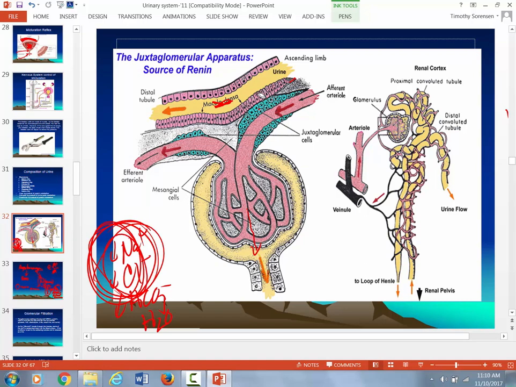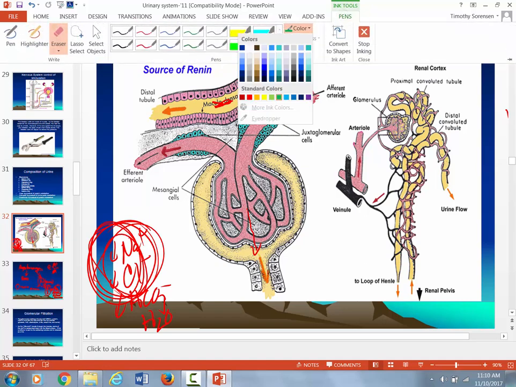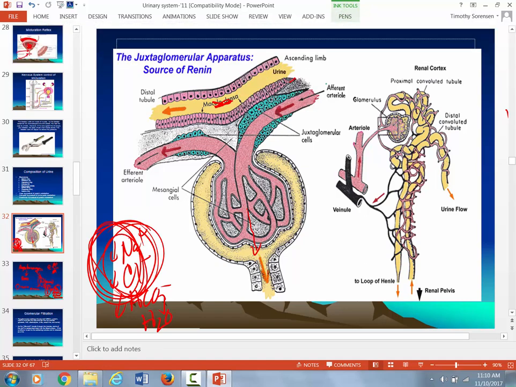So watch. If blood pressure in the afferent arteriole begins to drop, think of the afferent arteriole as like a tire. The afferent arteriole becomes flat, right? It's flat. What's connected to the afferent arteriole? The juxtaglomerular cells.